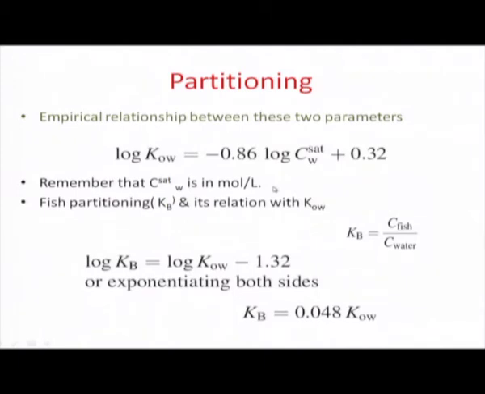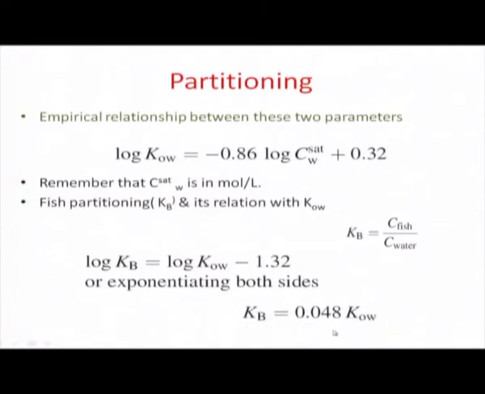Suppose we carry out an experiment on partitioning between fish and water in an aquatic system, to realize the actual situation of bioconcentration. The Kb value is given by the concentration of the particular solute in fish to that in water, including methyl mercury, what we discussed about Minamata disease is also applicable here. The equation is given, and if you take the exponent on both sides, you get the fish partitioning coefficient value as 0.048 times the KOW value.